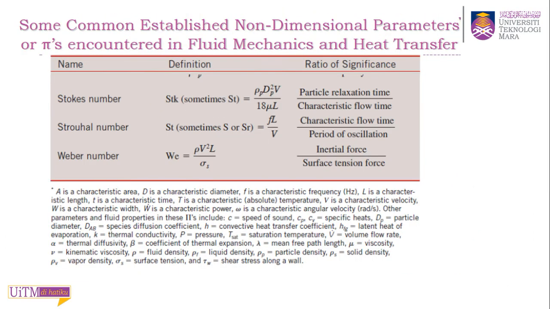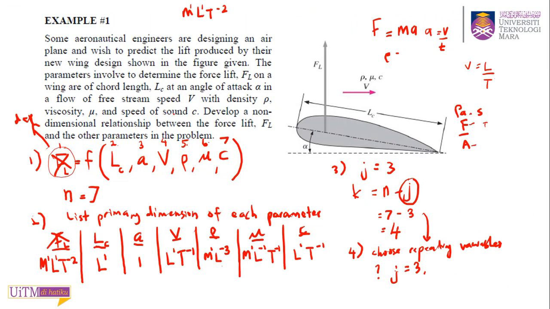So you need to choose parameters that together have M, L and T. Now mu, viscosity, is what we can consider more complex.